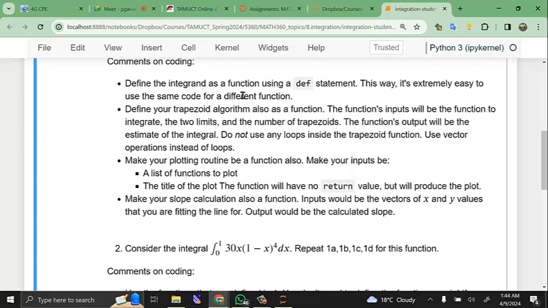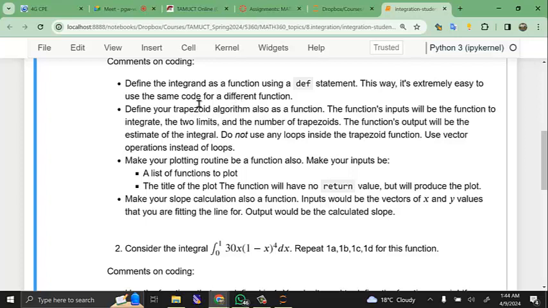Now, I've been emphasizing to people that in your codes, after you initialize, there should be no specific numbers or functions in the code. You want to write your code so that it will work not just for the given function, but if I decided to put in another function, it would still work.